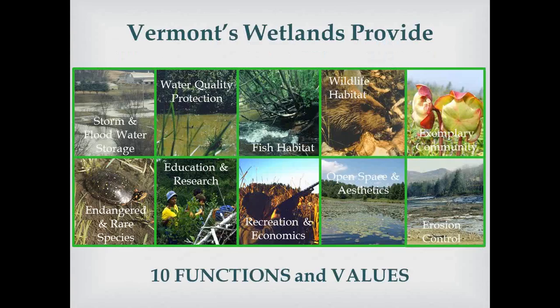So the functions and values that we're interested in protecting through the Vermont wetland rules range from stormwater and flood protection and water quality protection, which are two of the major ones, to fish habitat, wildlife habitat, exemplary natural communities, endangered and rare species, and then some of the values are education and research, recreation and economics, open space and aesthetics, and then the function of erosion control.